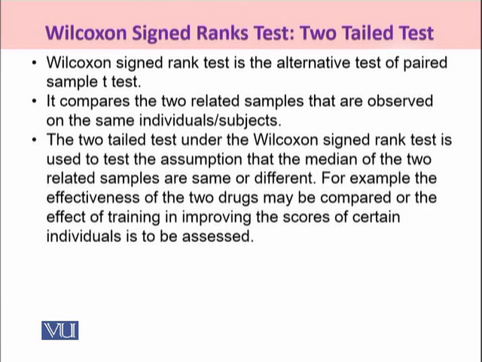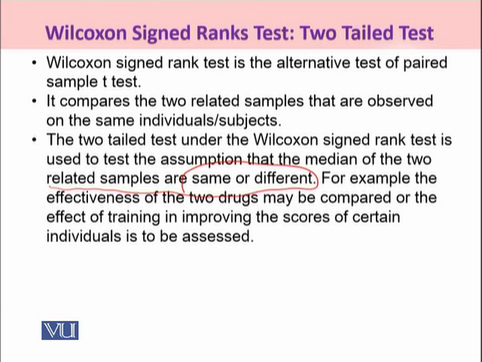The two-tailed test under the Wilcoxon Signed Rank Test is used to test the assumption that the medians of the two related samples are the same or different. Let us consider certain situations where we can test whether the median difference is equal to 0 or different from 0.